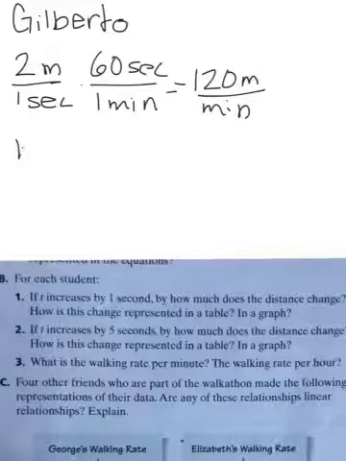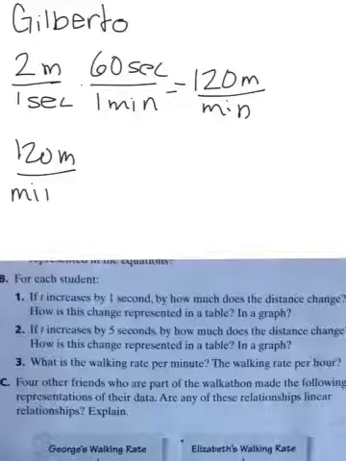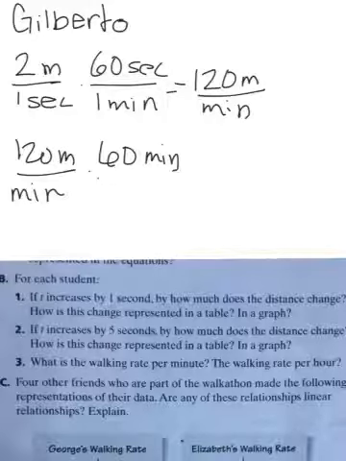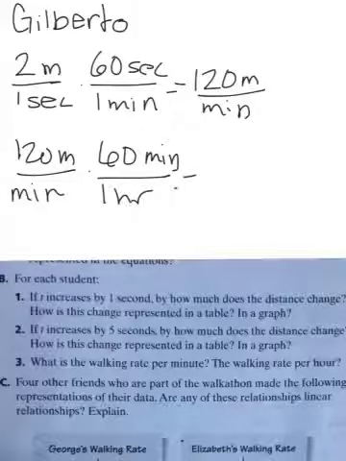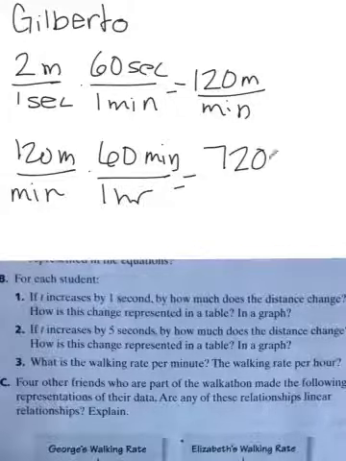We take that data, 120 meters per minute, and multiply that by 60 minutes in 1 hour, and we find out that Gilberto can walk 7,200 meters in 1 hour.